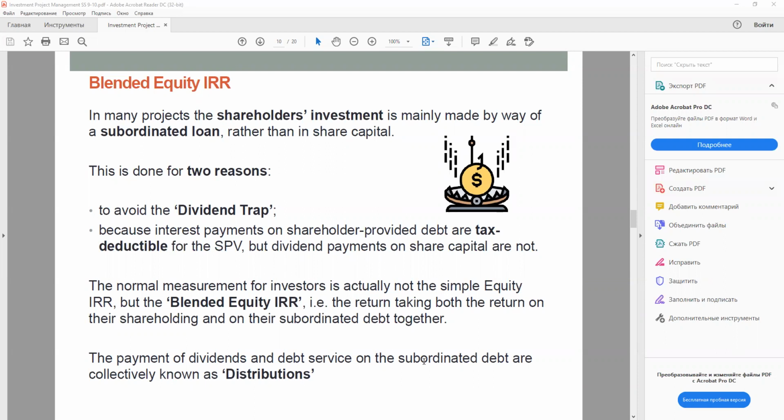The financial model for the project should not assume that cash is retained if it could be paid out as distributions. If this is done, it will distort the blended equity IRR calculation and any payments based on this. Similarly, if the investors later choose to leave cash in the project company rather than pay it out as distributions, these should also be disregarded for calculation purposes.